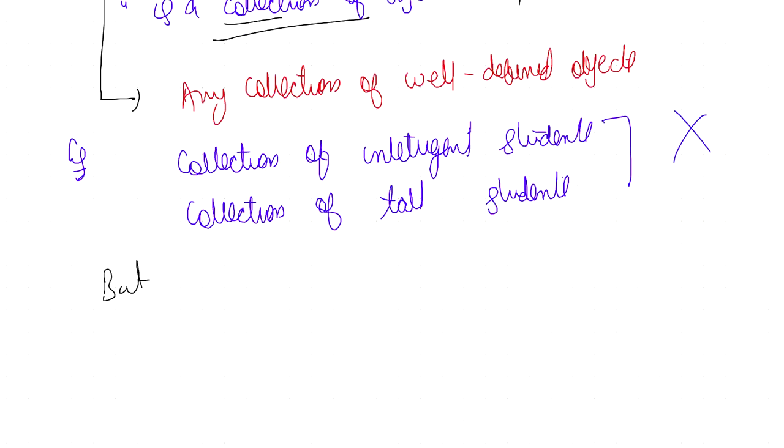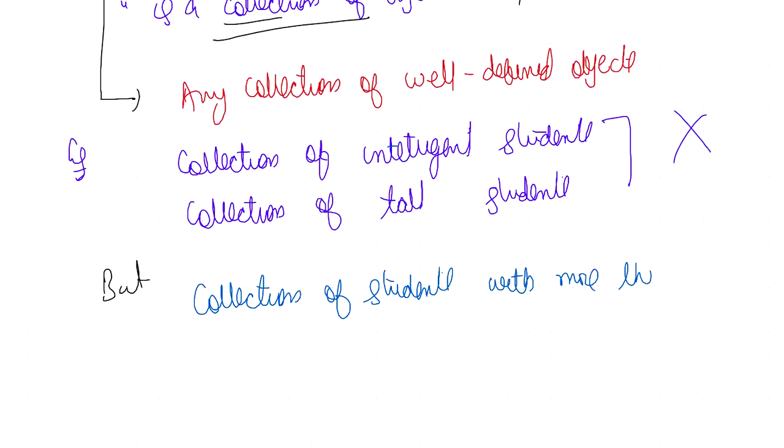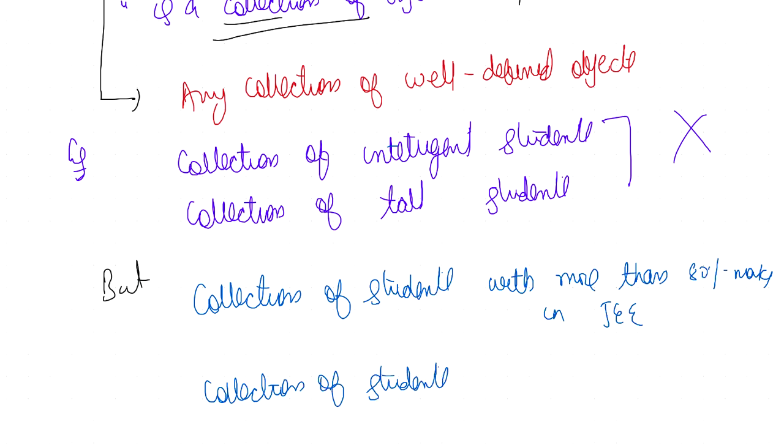these two can be made a set if you define what sort of collection we are talking about. So let's say I mark it collection of students with more than 80% marks in, let's say, JEE, maybe anything, or collection of students more than, let's say, 5, 10 feet.